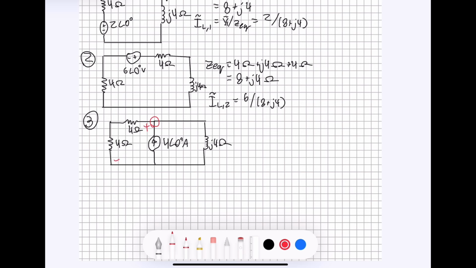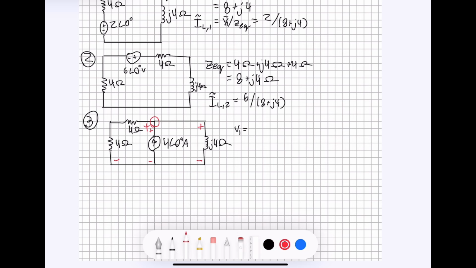So from here to here, from here to here, and there to there, the voltage drop is always going to be equal. We can use that to get an expression relating the current coming out here to the current that is coming out here.